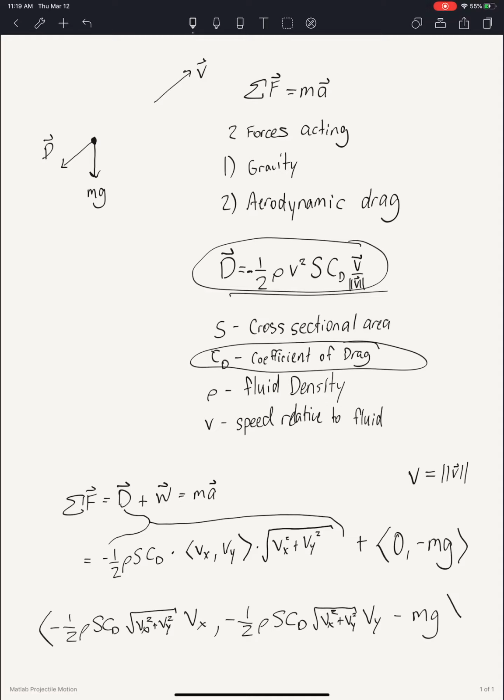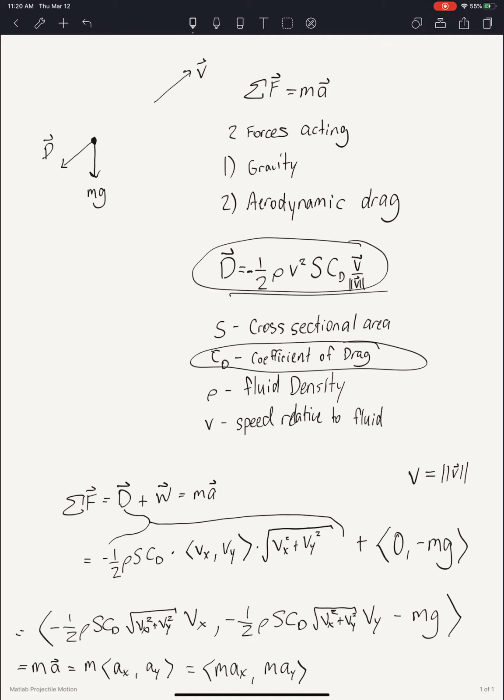These are the x and y components of the vector force. And they are equal to the mass times the acceleration. I'll write m, the acceleration, which is equal to m times ax comma ay, which I can write all in the vector max comma may.